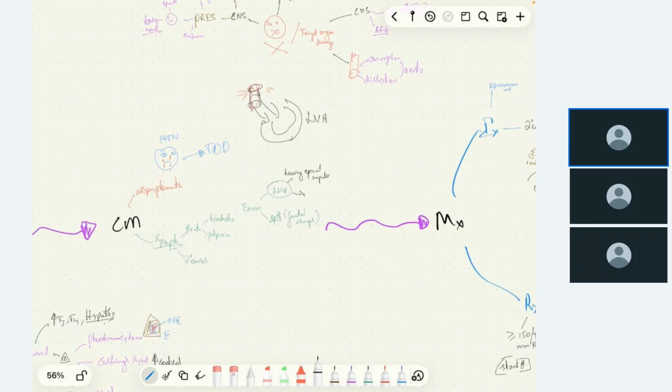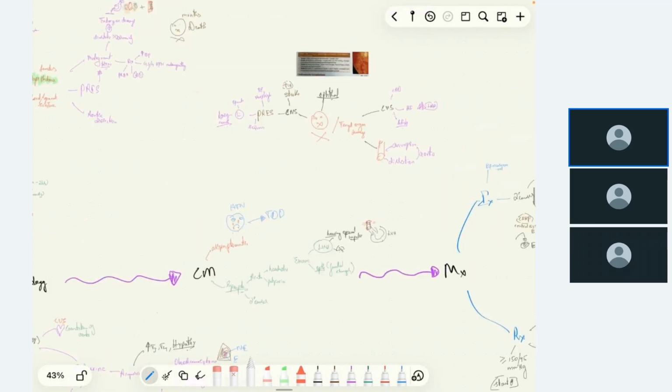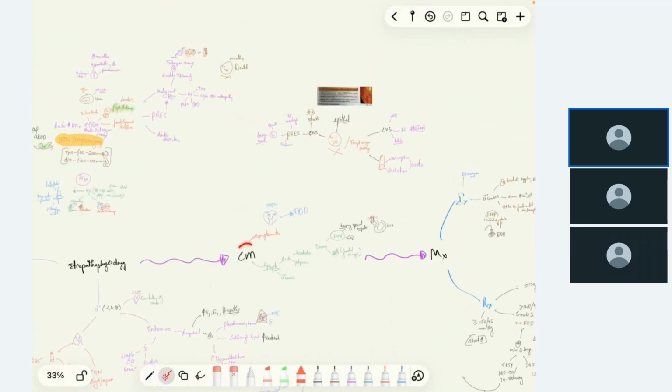So due to left ventricular hypertrophy, we may have a heaving apical impulse, and in some patients you can also hear an S4 heart sound. These are the symptoms and signs that we see in patients with hypertension.